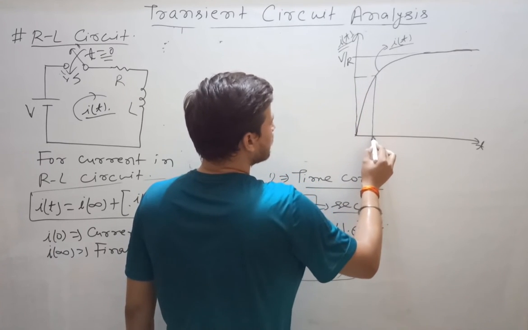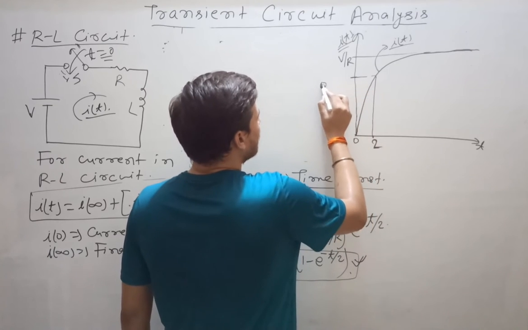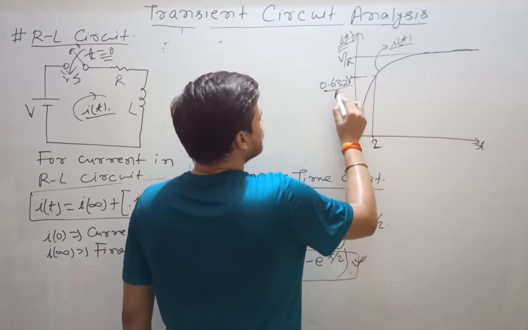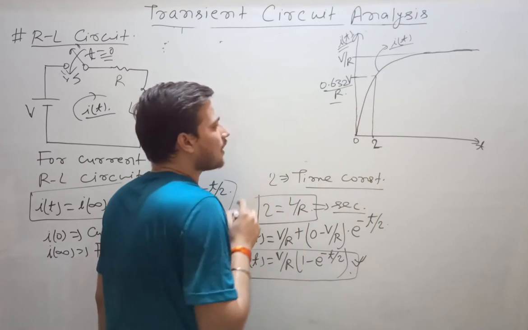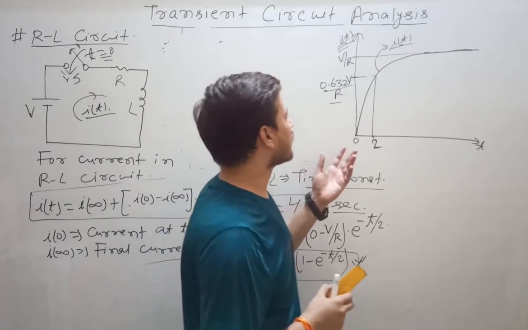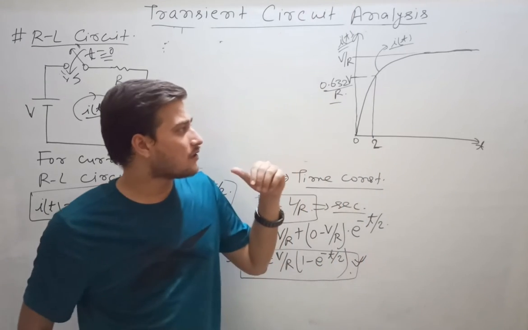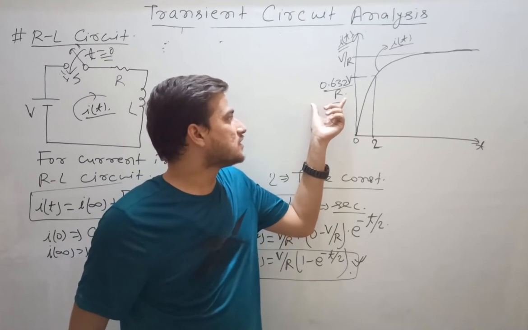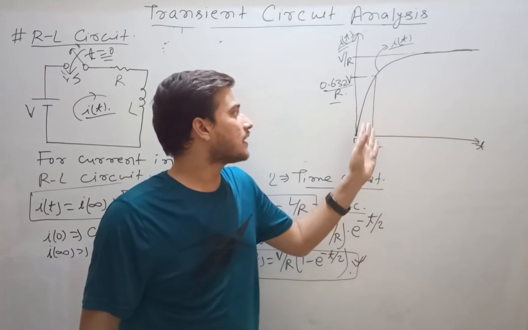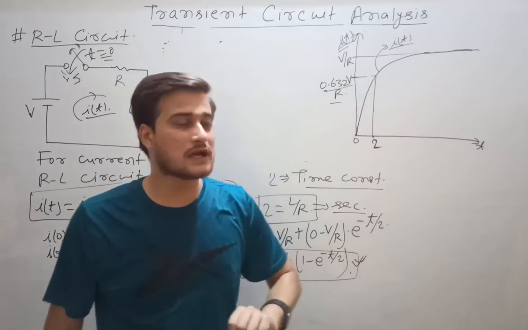At this point the value will be 0.632 V by R. That means the time constant is defined as the time taken to reach 63.2% of the final value in the case of an exponential graph.